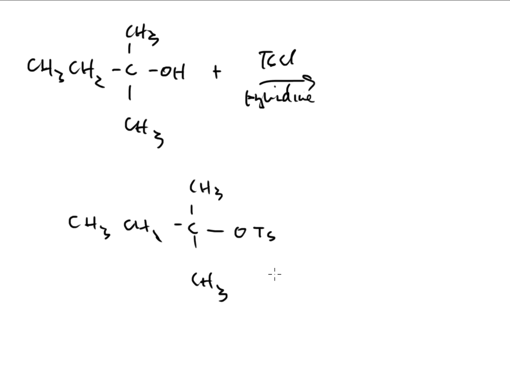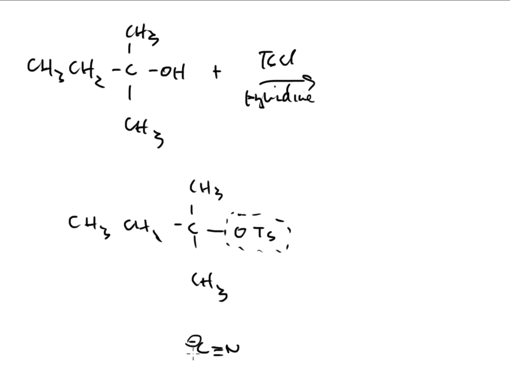Well, this formed an ROTs, remember? ROTs, the R for random alkyl group, and that's what you see to the left, the O for oxygen, and the Ts for tosylate. So there is the ROTs. Now at this point, we said that this was a very good leaving group. So if we brought in something like C triple bond N, we could promote a substitution reaction to happen.